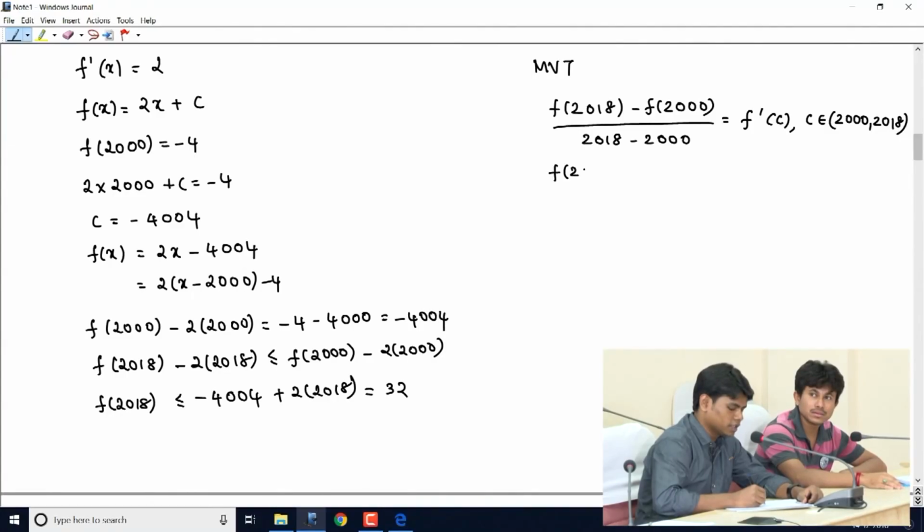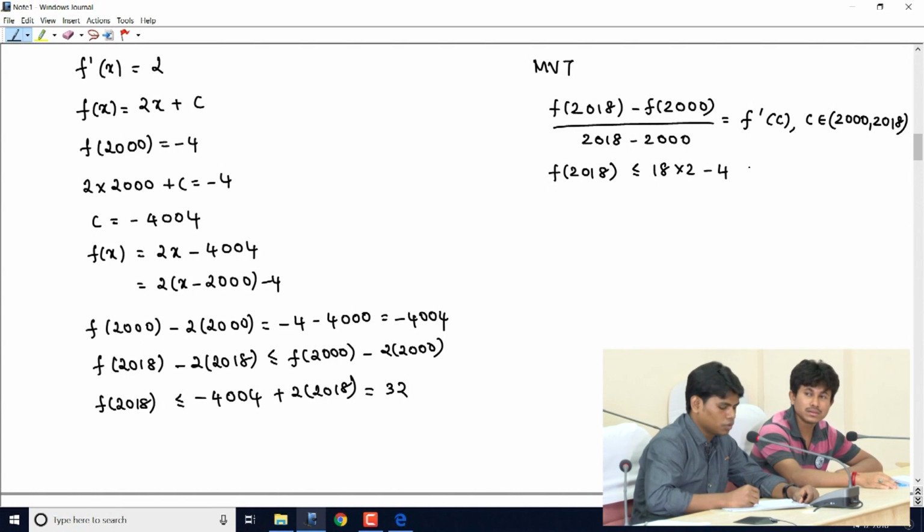But we are given that f of 2000 is equal to minus 4 and f dash x is bounded above by 2 over the real numbers. Therefore, we get f of 2018 is less than or equal to 18 into 2 minus 4, which is equal to 32.